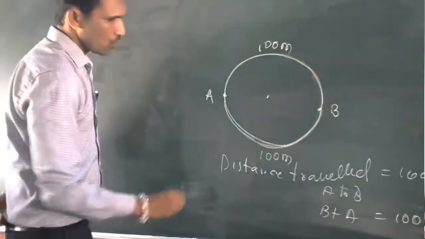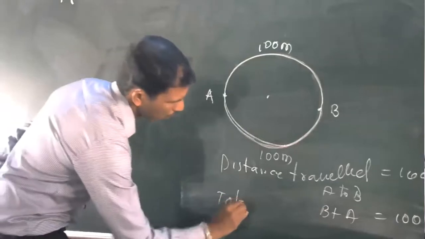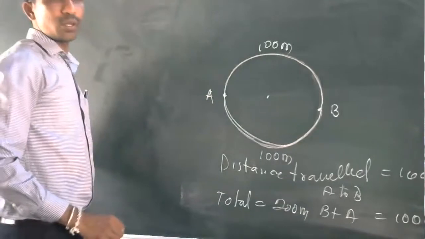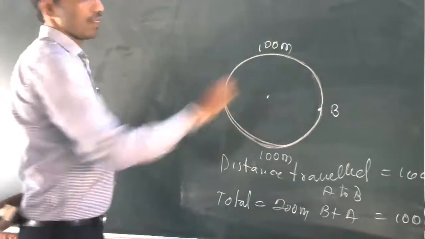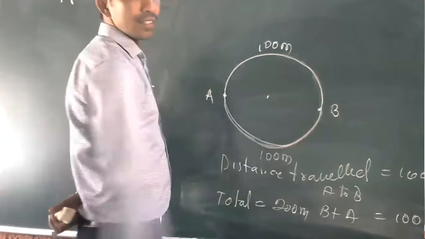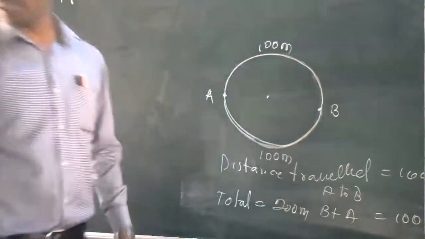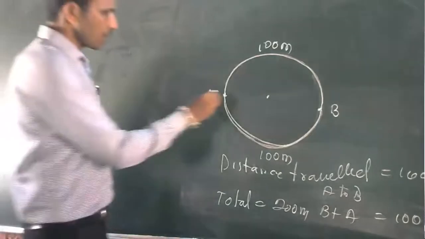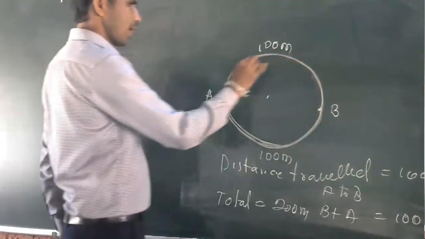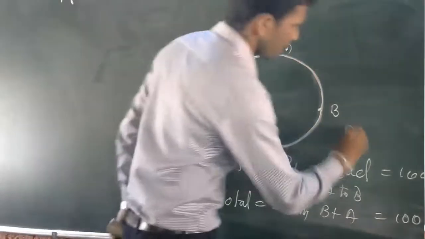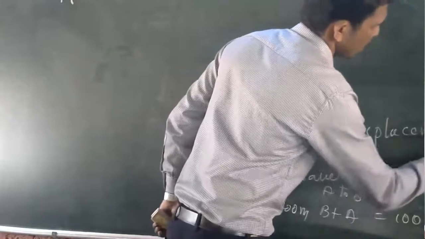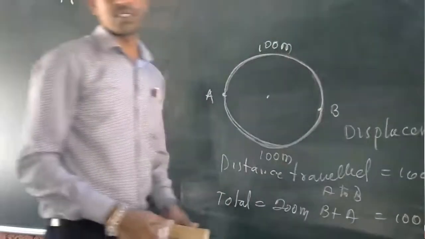So the total distance becomes 200 meters. But what is the displacement over here? The person traveled from A, went to B, and again from B came back to A. That's why the displacement is 0.